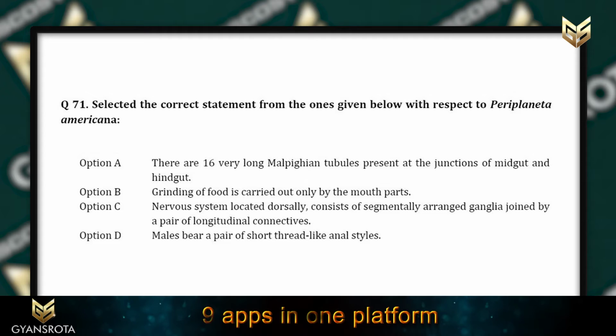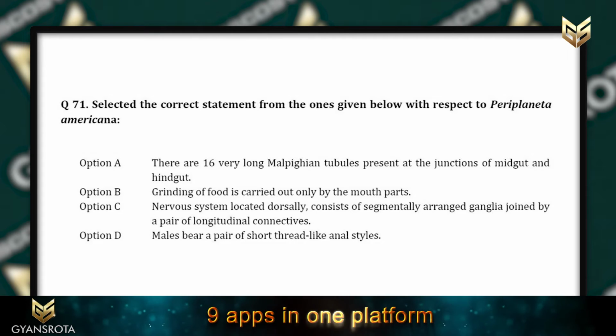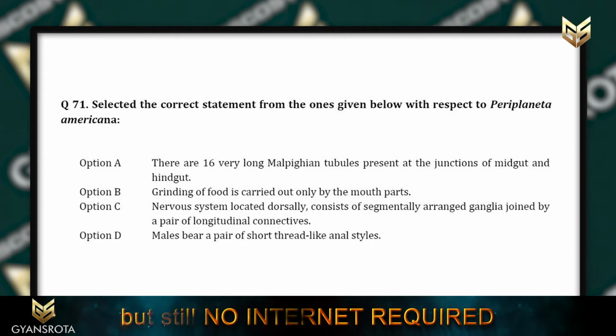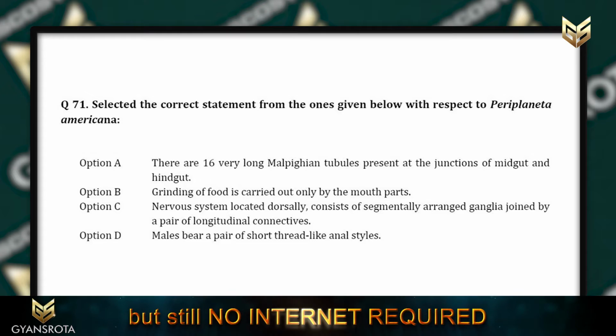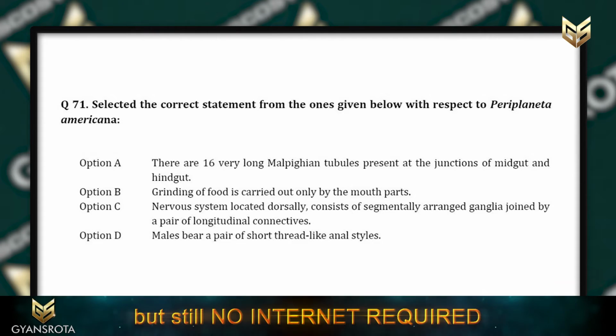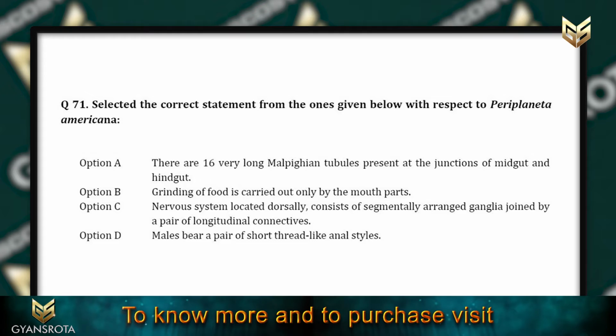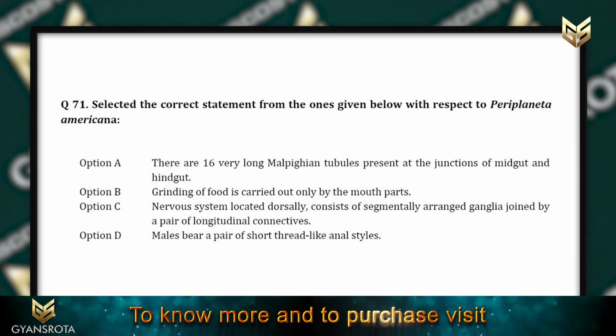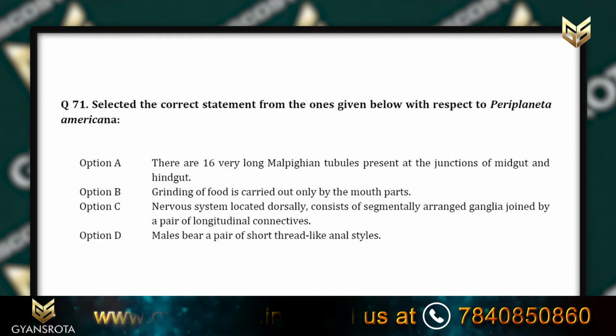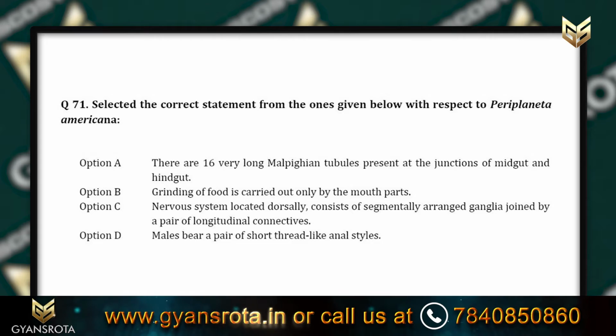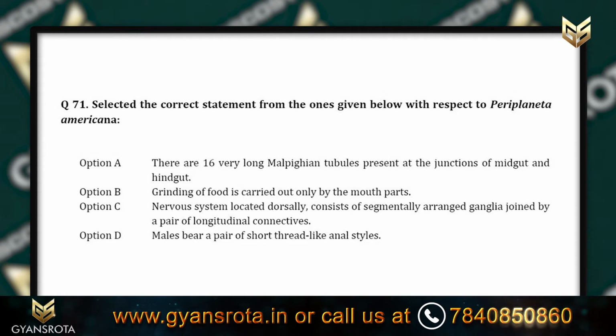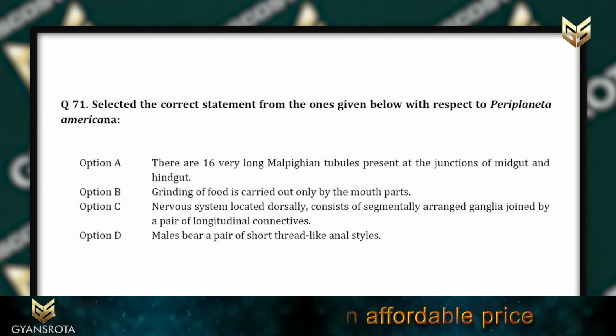Select the correct statement from the ones given below with respect to Periplaneta americana. Option number A, there are 16 very long Malpighian tubules present at the junction of midgut and hindgut. Option number B, grinding of food is carried out only by the mouth parts.